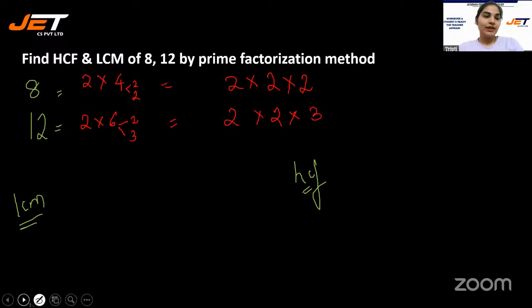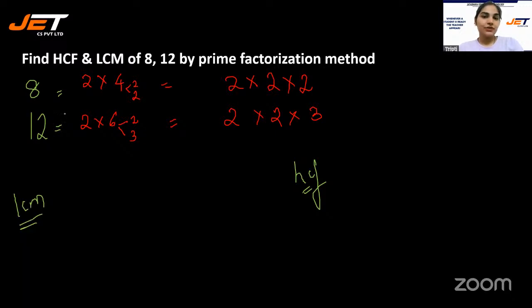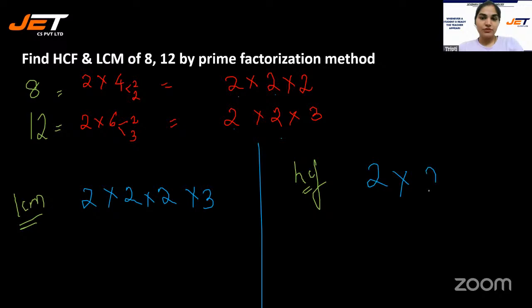Okay. Now let's find out the LCM. LCM, maximum occurrences, you know that. So 2 is occurring 3 times, that is the maximum, and 3 one time. And if I talk about HCF, I can make a pair of 2 times 2.